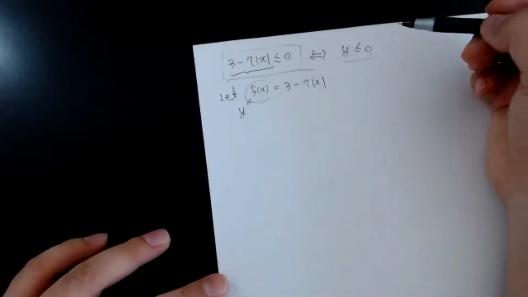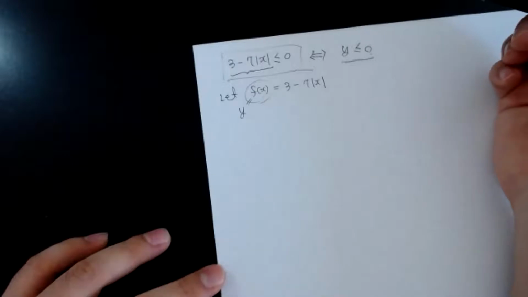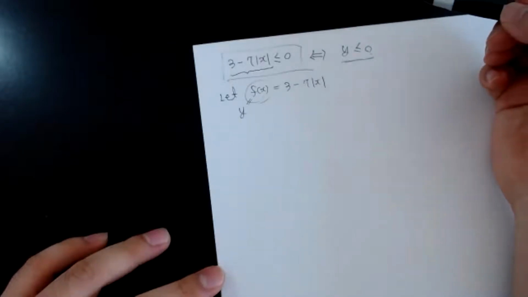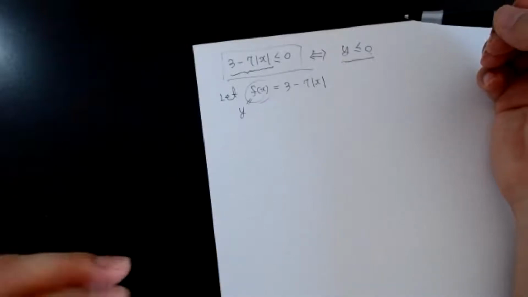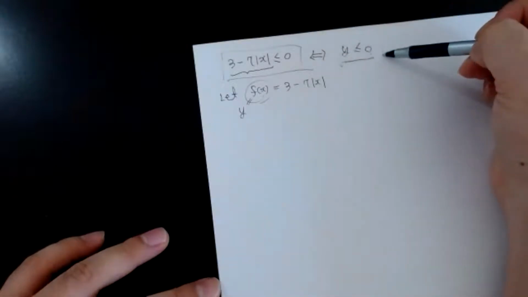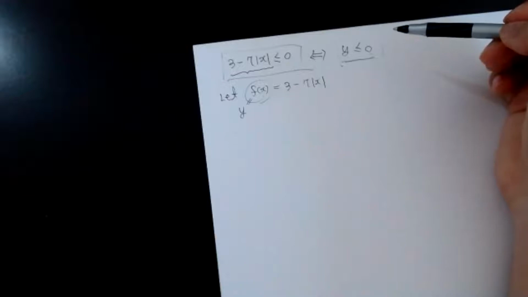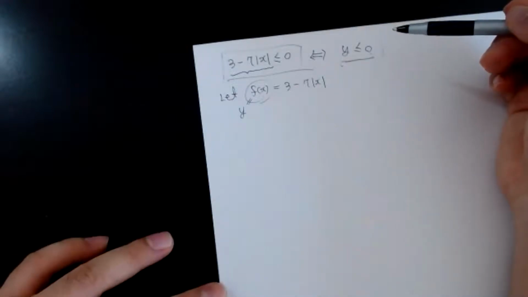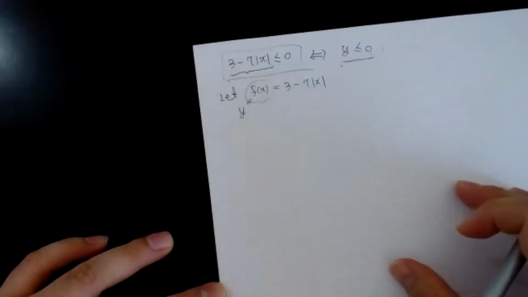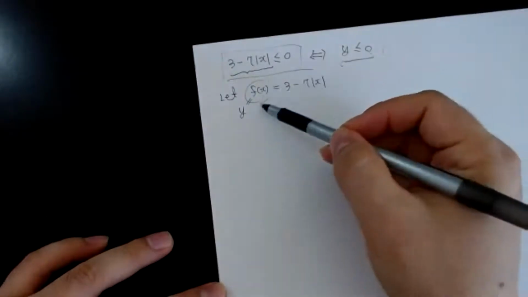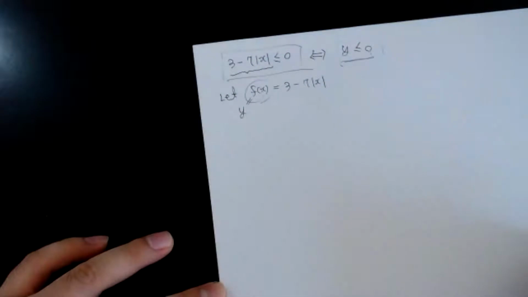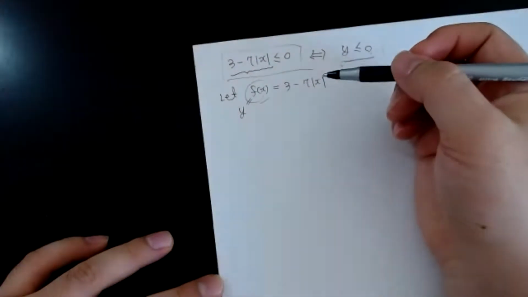To find the set of all x values, the x coordinates satisfying this inequality, I'm going to use transformations. I'm going to find that solution set by graphing the function f of x using transformations. So how can I do that?